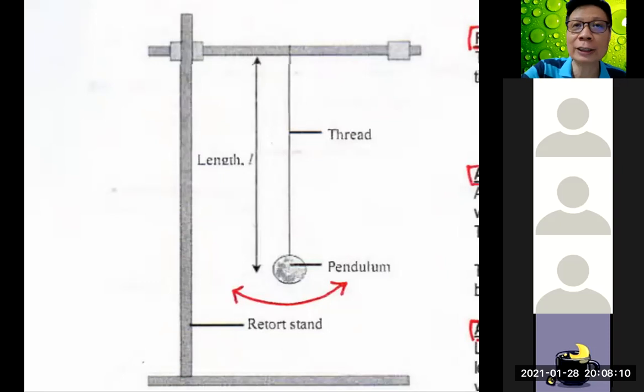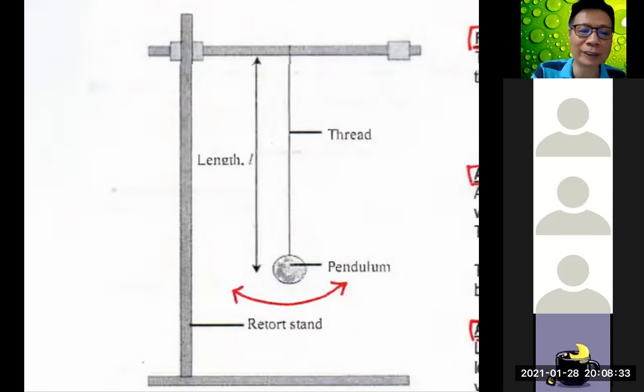So actually, we don't measure the time for one oscillation. Like Jia-He says, we measure the time for 10 oscillations. You take the time for it to swing left, right, and you count until 10.